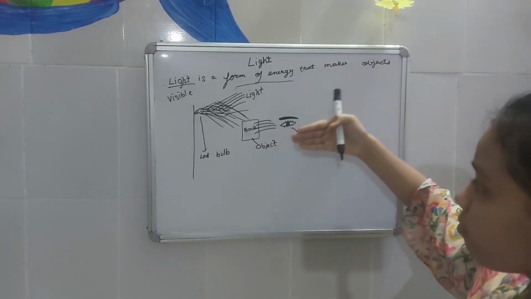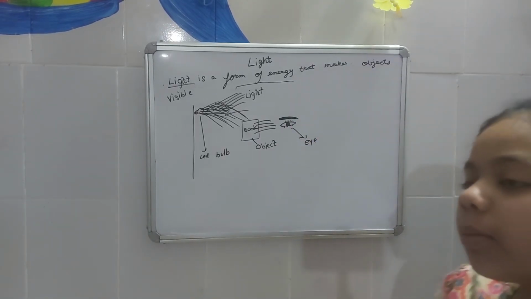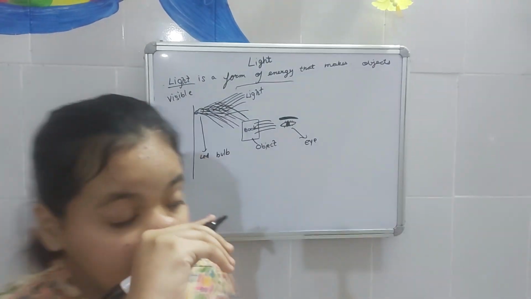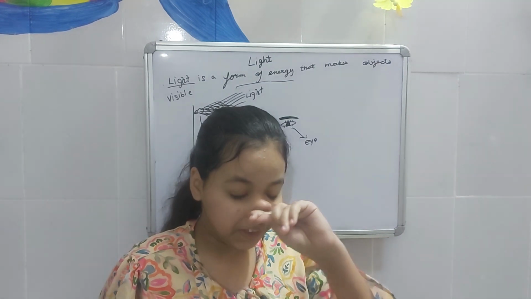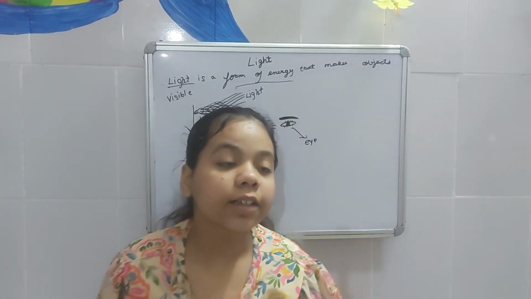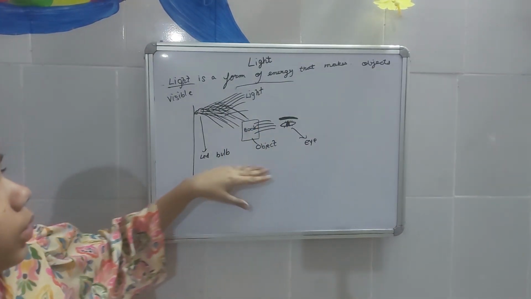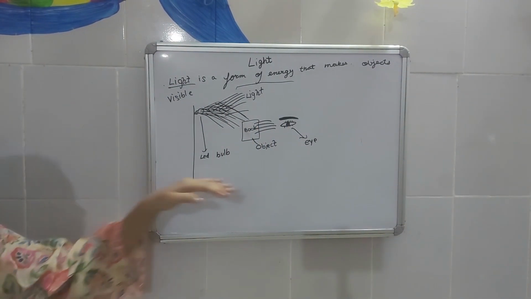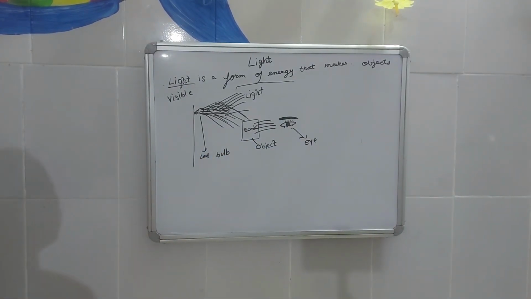Then from that nerve it goes to our mind, and our mind can recognize that this is a book, right? These processes happen very quickly. So this is the diagram or picture, whatever you can take.